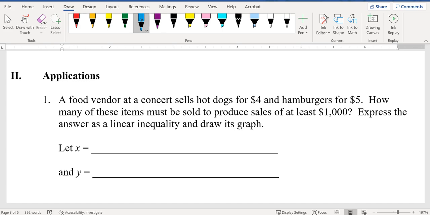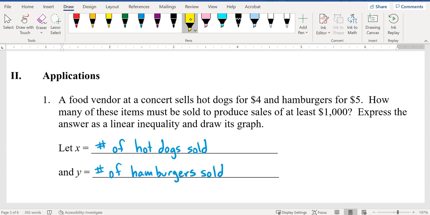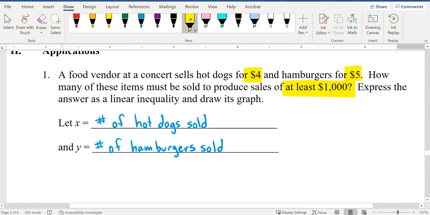All right, I'm going to let X be the number of hot dogs sold, and I'm going to let Y be the number of hamburgers that are sold. Notice that hot dogs sell for $4, hamburgers sell for $5, and you want at least $1,000 sold.